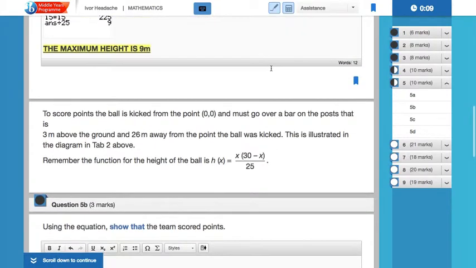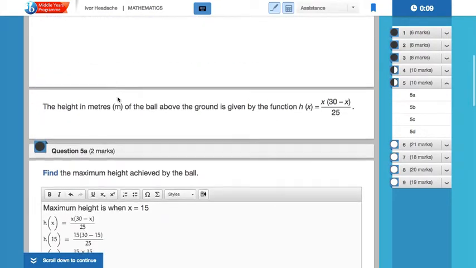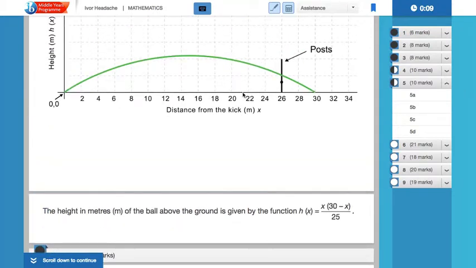And if we go back to the diagram of the actual thing, okay, so the ball's been kicked from here at 5-0, it's gone up in the air, and it's landed at 25-0, so it's fallen short of the posts.